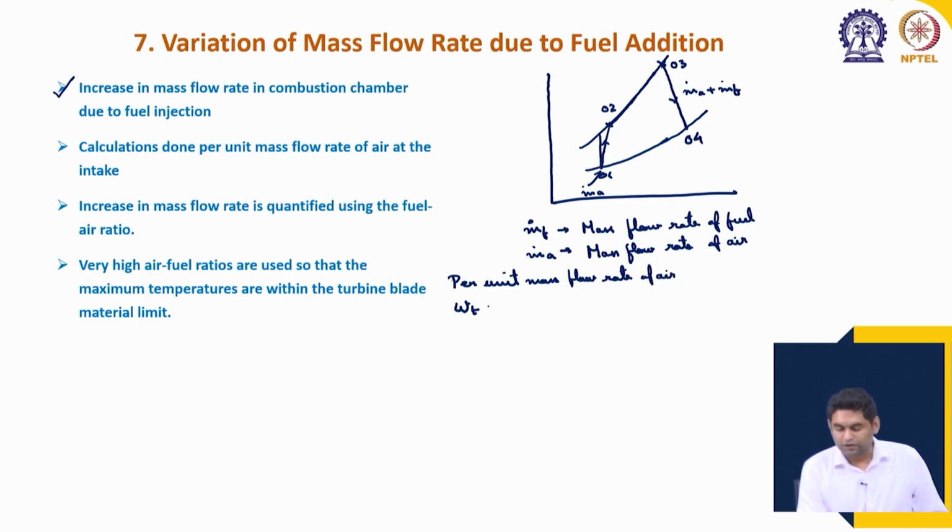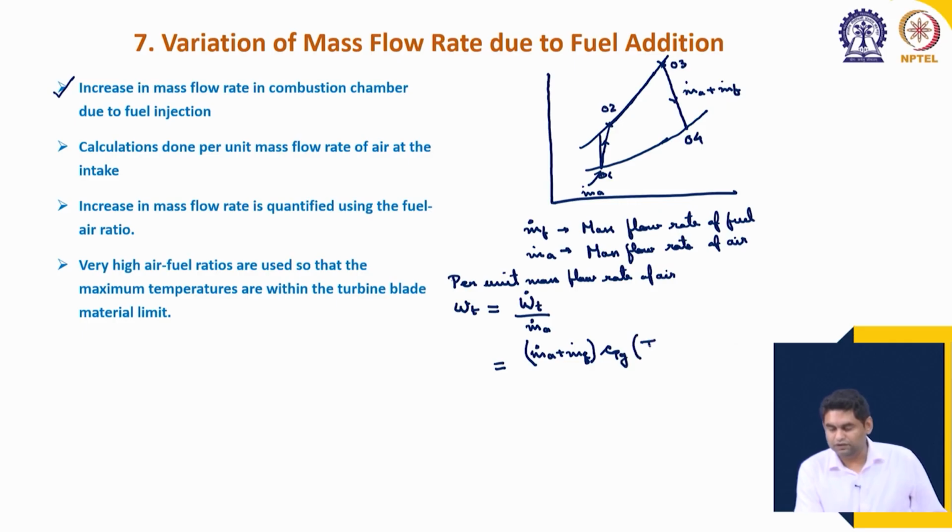The turbine work, if it is WT, is equal to the overall turbine power output divided by the mass flow rate of air, where this WT will be in terms of mass flow rate of air plus mass flow rate of fuel, m dot A plus m dot F, Cp of gas.